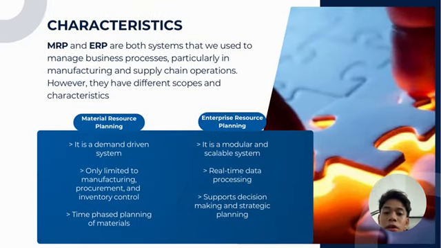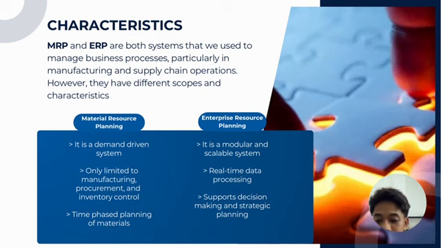Now we move to the characteristics of both MRP and ERP. Both are systems that we use to manage business processes, particularly in manufacturing and supply chain. However, they have different scopes and characteristics.